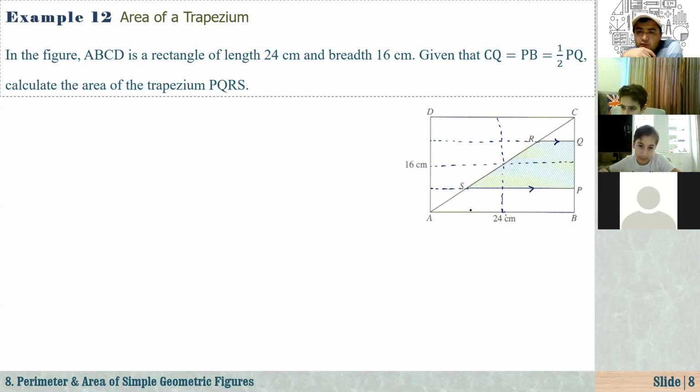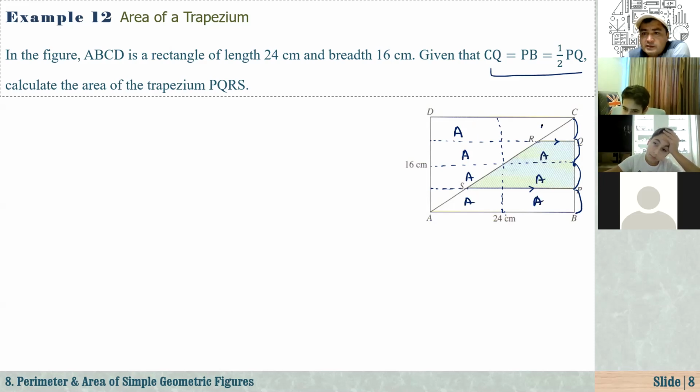So each area is the same, right? Why? Because CQ is equal to the distance from Q to P, because of this relationship: CQ equals PB equals half of PQ. So this point is the midpoint of PQ. So if this area is A, all the small rectangles are A.